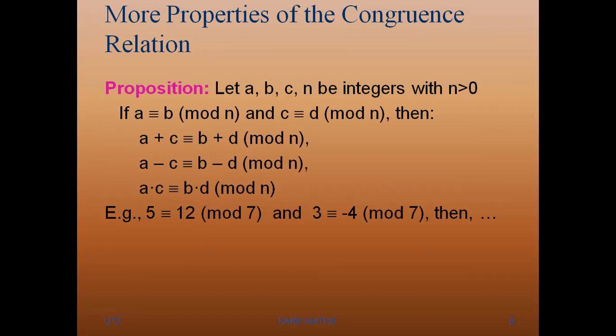So now I have 15 is congruent to minus 48 mod 7. According to the definition of congruency, if A is congruent to B mod N, then A minus B is a multiple of N. So here, 15 is congruent to minus 48 modulo 7 means, if you subtract A minus B, 15 minus of minus 48 is nothing but 63.